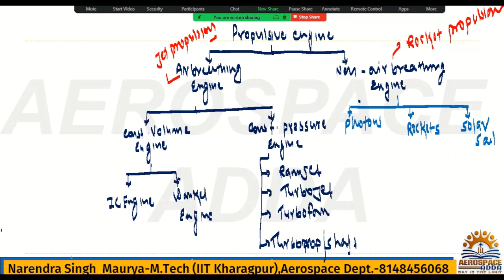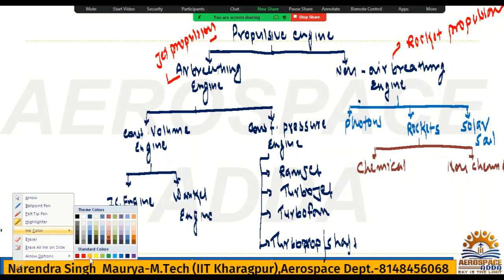In this rocket, again we have two types: chemical and non-chemical. This chemical, again we have three types.